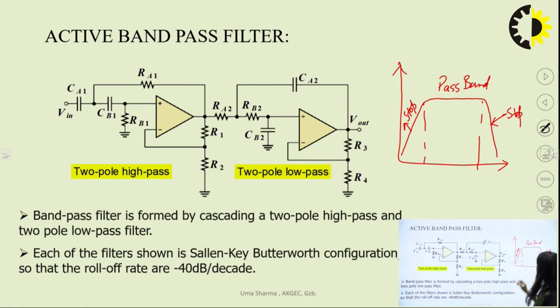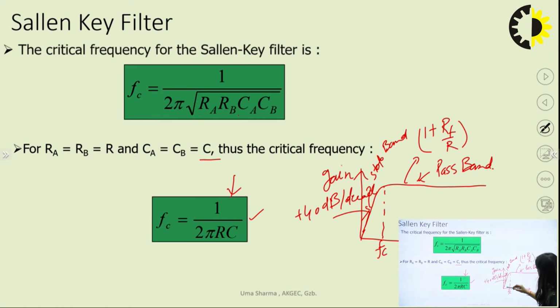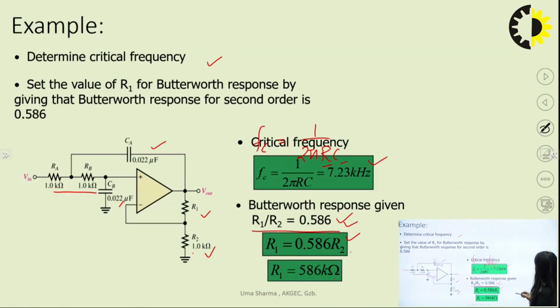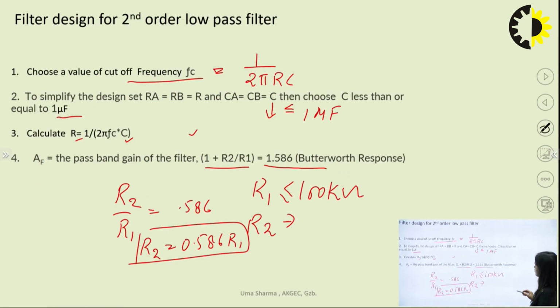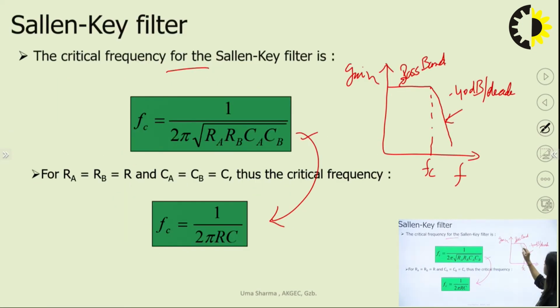Now if you see this graph or these characteristics, you can identify that this is the addition of two characteristics. You have seen in the previous slide the graph for the high pass response, and for the low pass also I have drawn the characteristic.